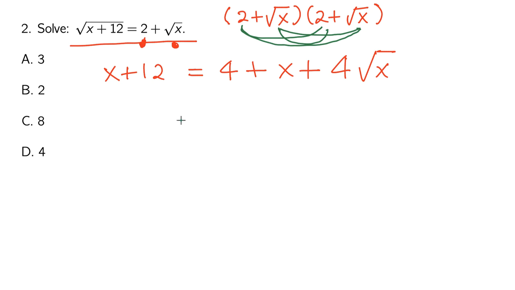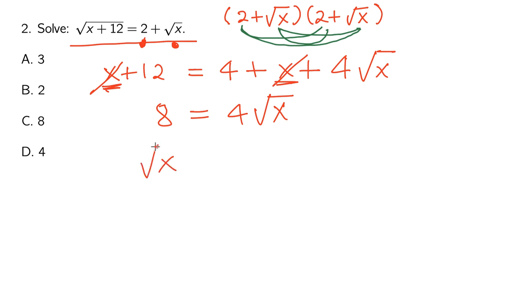So this is the equation we have to solve, and we have x here and we have x here. You can think of them as canceling each other. Then we can group like terms. We have 12 here, we have 4 here. If we bring them to the same side, we have 8 is equal to 4 times square root of x.